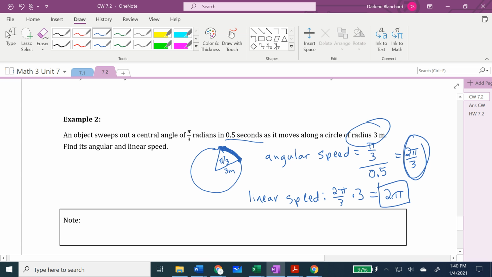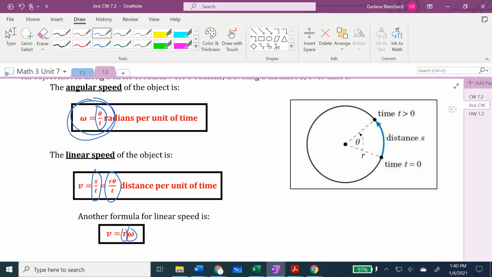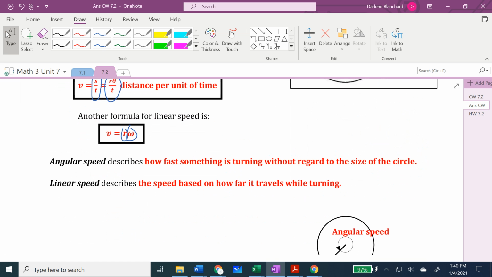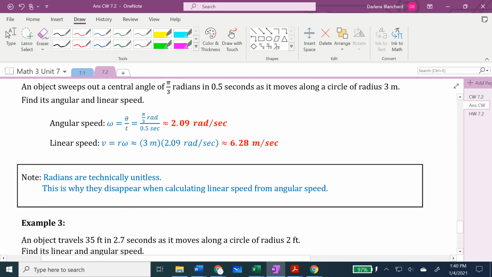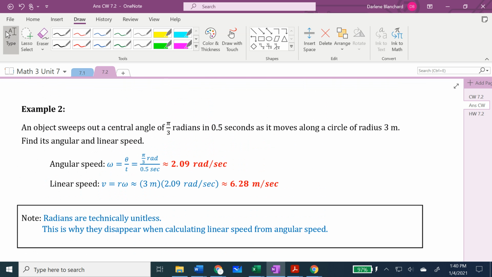And so in this case, the linear speed is 2 pi.